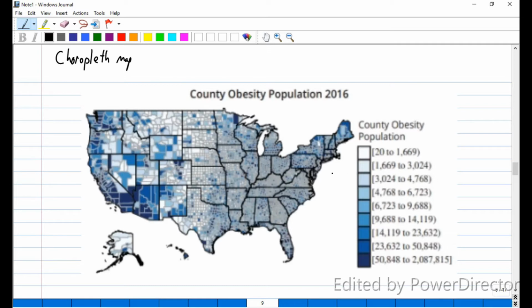Now, does that mean that there are more obese people in certain places than others? Yes. But maybe not per area of region, like per capita, it may not be the same. You can see Mississippi, though, we've got some darker shades in there, some little spots.